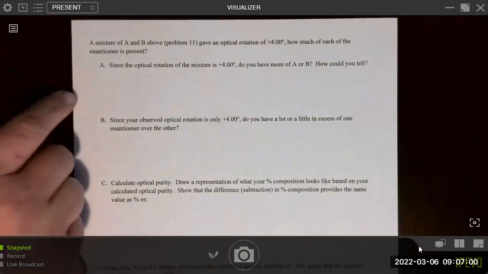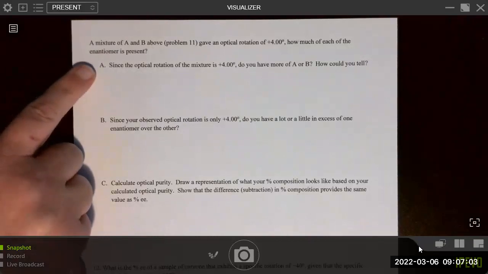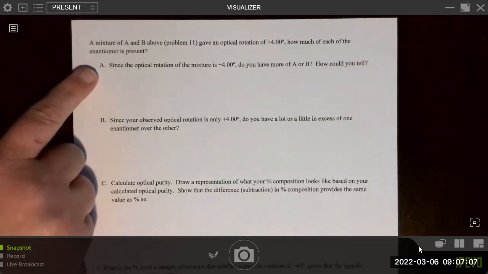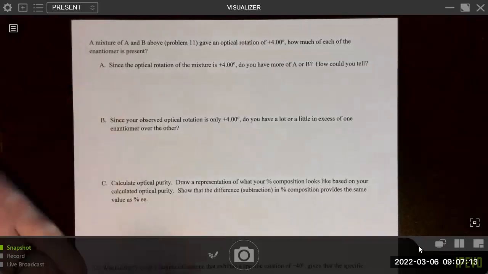So before we can answer that, it wants us to take a look and answer part A, which is, since the optical rotation of the mixture is plus 4 degrees, do you have more of A or B?